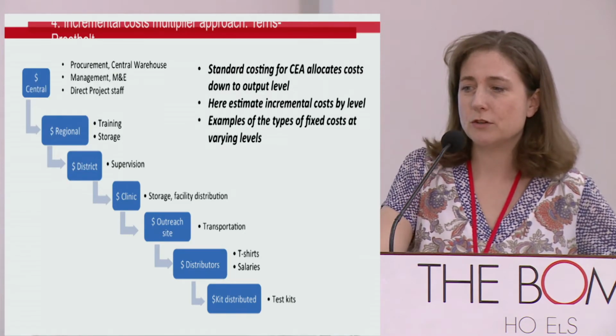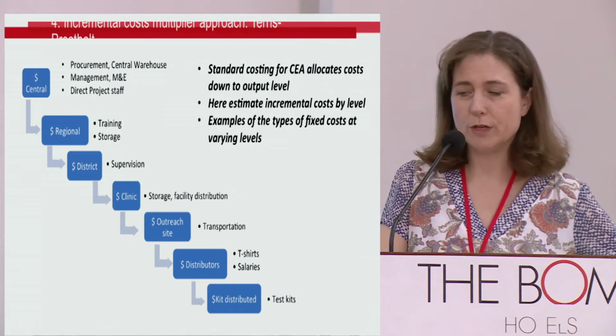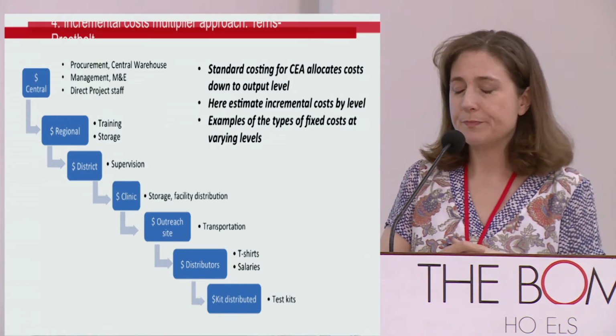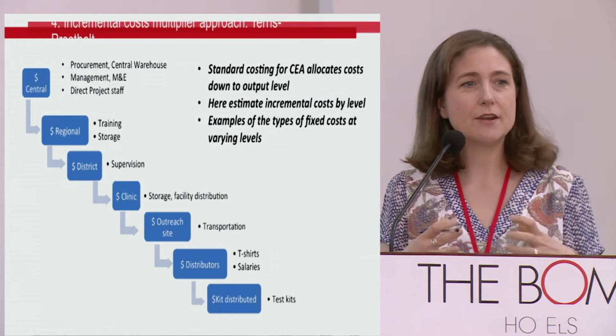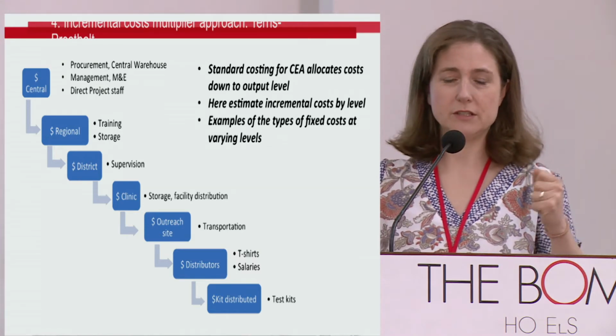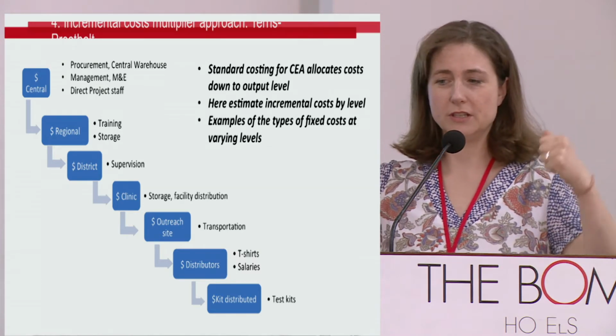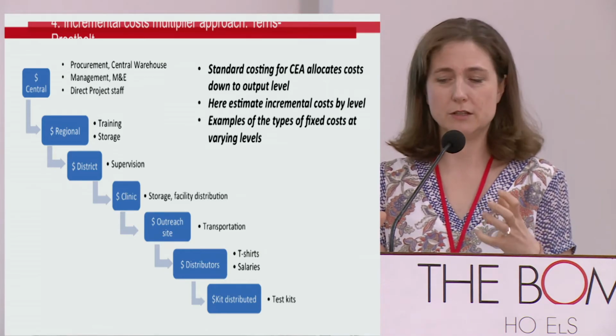So the incremental cost multiplier approach that I want to propose here is we are going to identify the costs at different levels. If you're doing a standard unit cost, you would allocate all the central costs across the regions, and then allocate the regional costs to districts, and allocate it all the way down so you have a fully loaded cost per kit distributed.